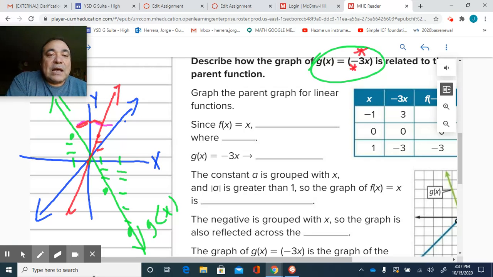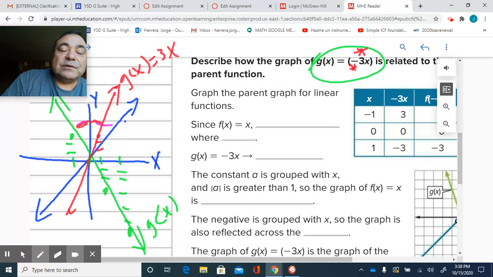This, when we ended up putting it across the y-axis, was the red line, and it became g of x. G of x is exactly two transformations. Prior to that, this will be 3x, and then this one over here will be minus 3x with the transformation. Thus, you will learn a lot more of that in Algebra 2. Okay?